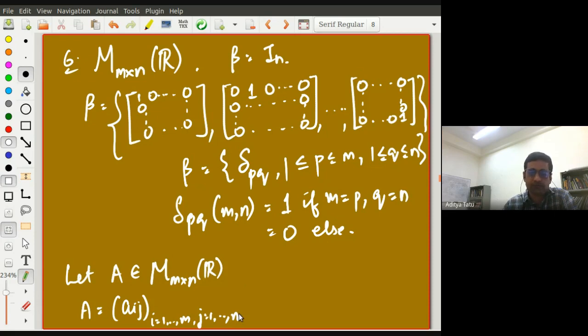Then I hope you see this can be written as the summation over i, j, i going from 1 to n, j going from 1 to m, of aij, where aij in this notation is just a scalar, a real number, times delta ij.